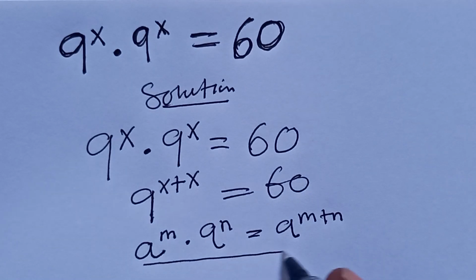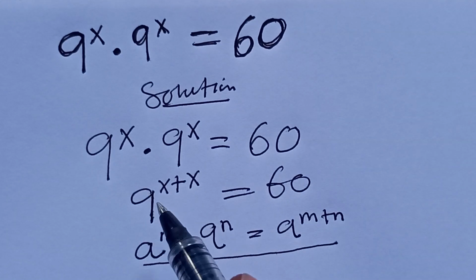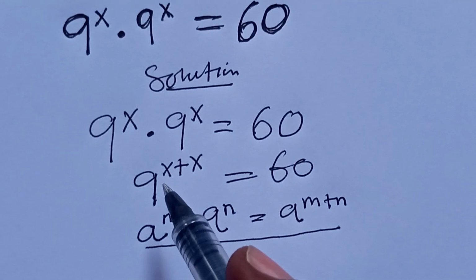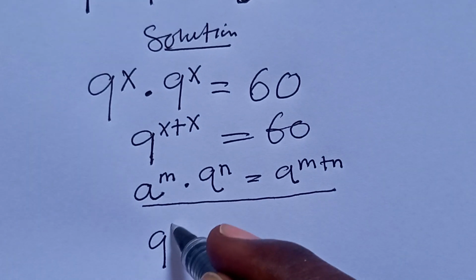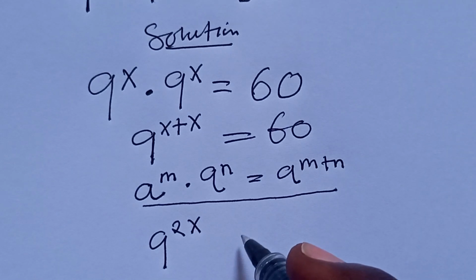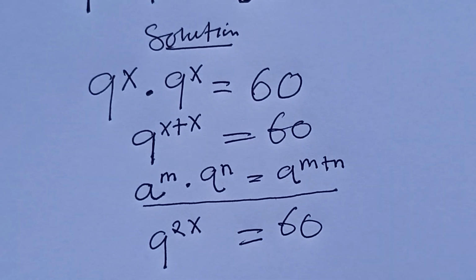So using this law of indices, that's why we got this. Now since we are adding the powers, we have 9 to the power of 2x equals 60.